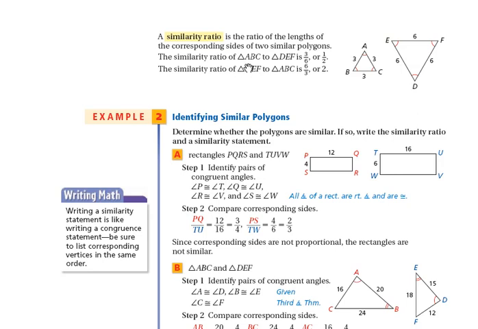The similarity ratio of triangle ABC to DEF is 3/6, or 1/2. The similarity ratio DEF to ABC, notice that we're starting with the bigger one now, to ABC is 6/3. So the similarity ratio does depend on the order that you're looking at those triangles.